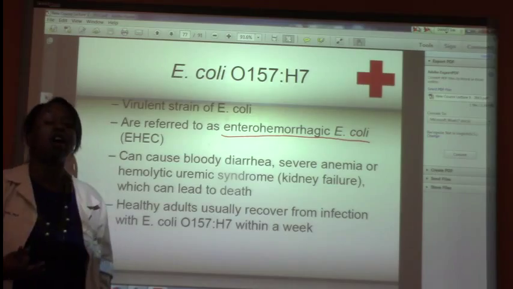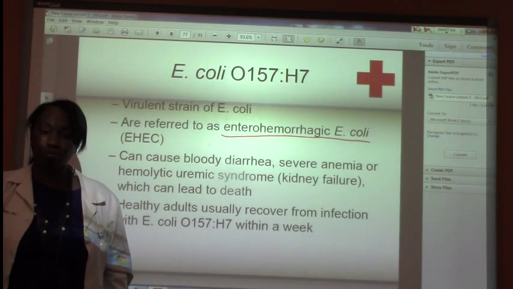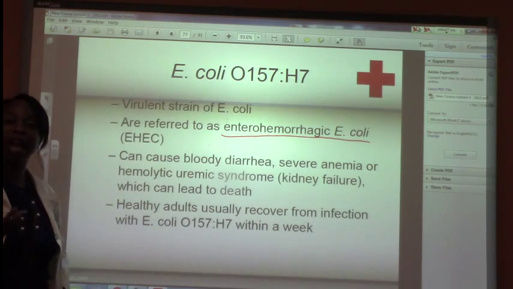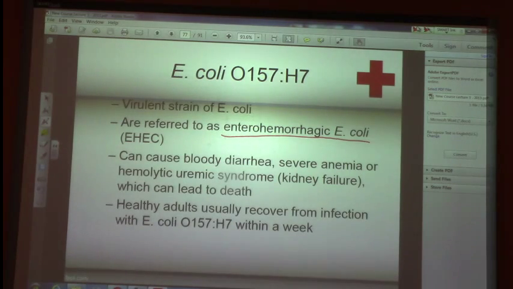Again, the ones that are a part of our normal flora reside within our bodies without normally causing harm. However, when we come into contact with the O157:H7 strain, it can lead to bloody diarrhea, severe anemia, hemolytic uremic syndrome, and kidney failure, all of which can lead to death.